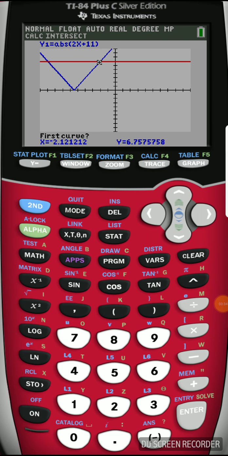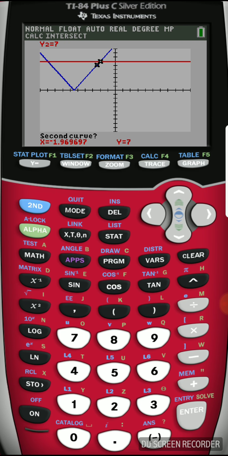I found it there, up in the right. So let's do this one first because I'm close to it. It says first curve, which just means where the first ones meet. So go to the left of where they look like they're going to cross. Enter. And then, actually, sorry, on this one what you do is just click on both lines.